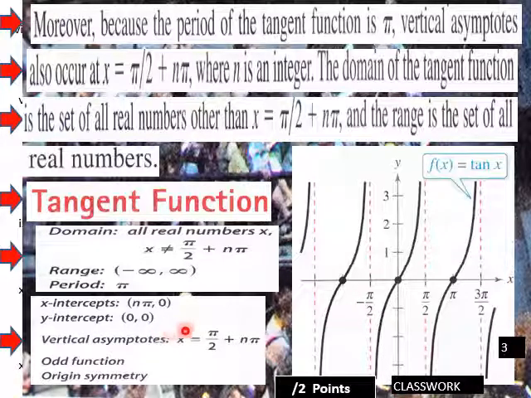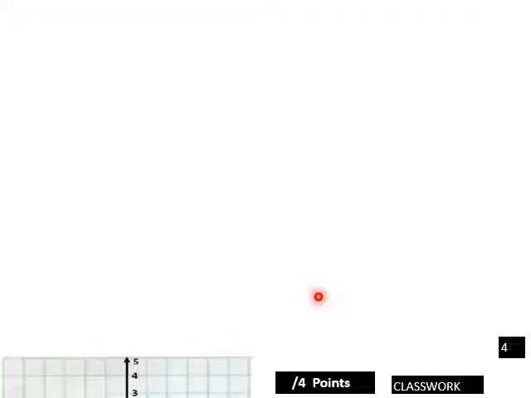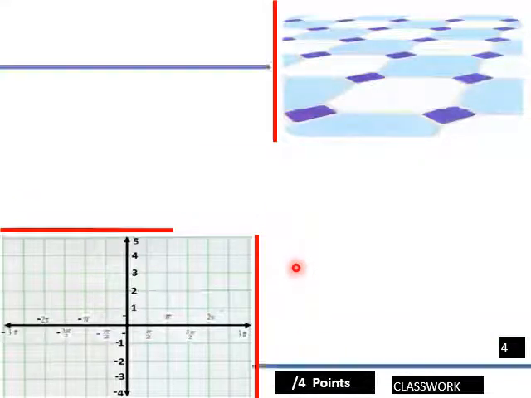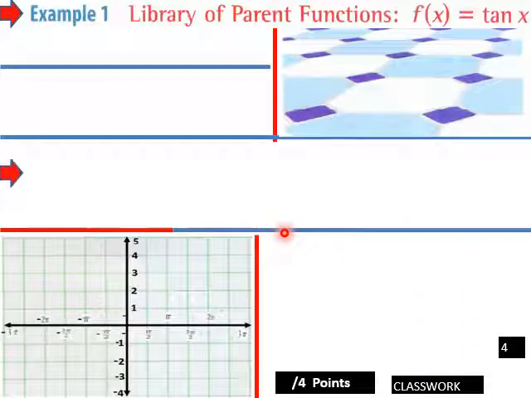And then the x-intercepts are at n pi, 0, the y-intercept is 0, 0. And then the vertical asymptotes are x equals pi over 2 plus n pi. It is an odd function, and it's symmetric to the origin. So let's get into an example here.